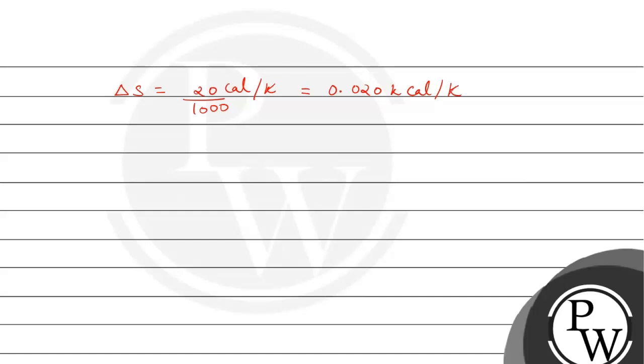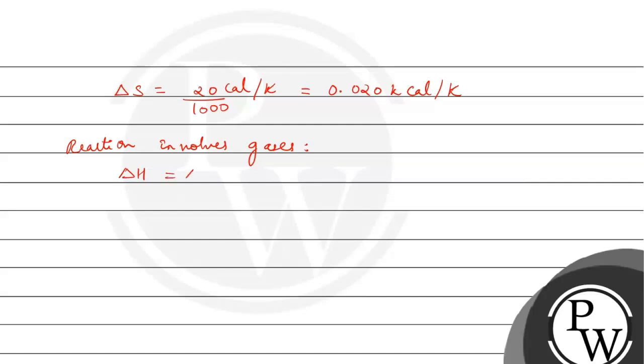Now, we'll see the relationship between delta H and delta U. If the reaction involves gases, the following relationship is used.